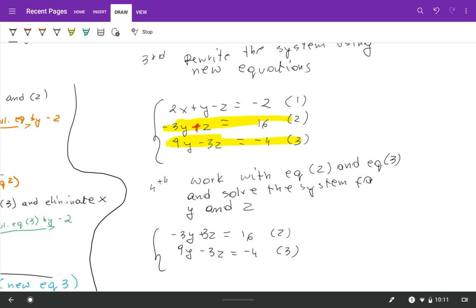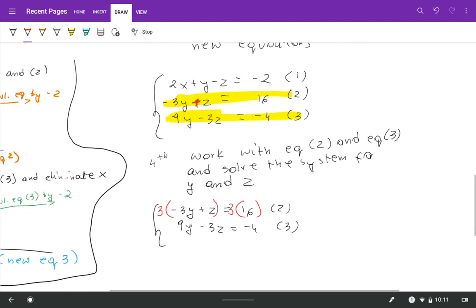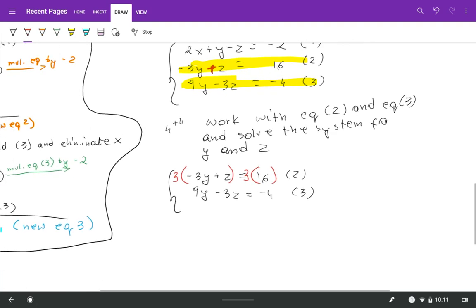So in order to do that, I'm going to multiply equation 2 by 3. Okay, so that will give us negative 9y plus 3z equal 48. That's equation 2. And equation 3, it's 9y minus 3z equal negative 4.